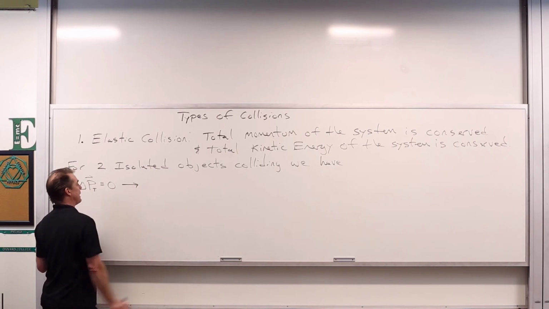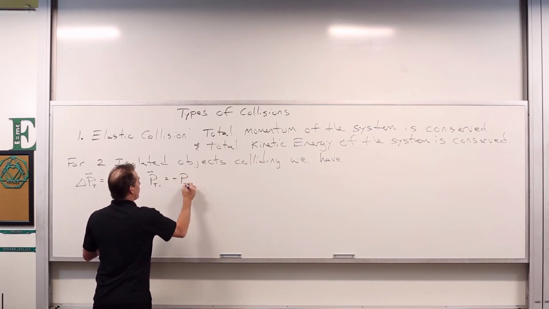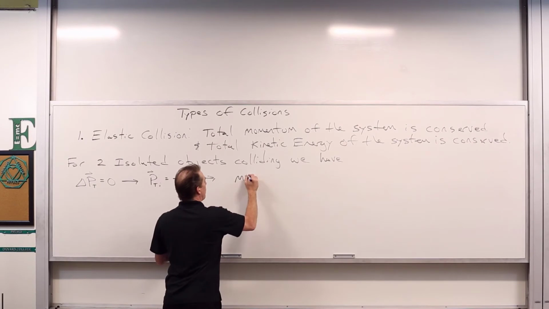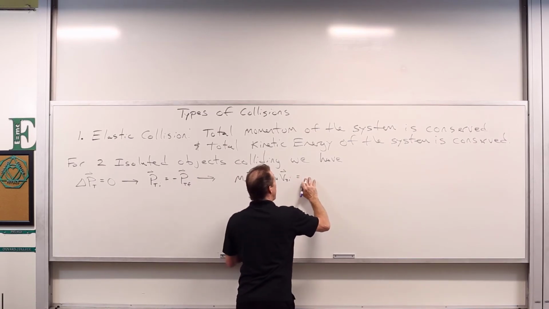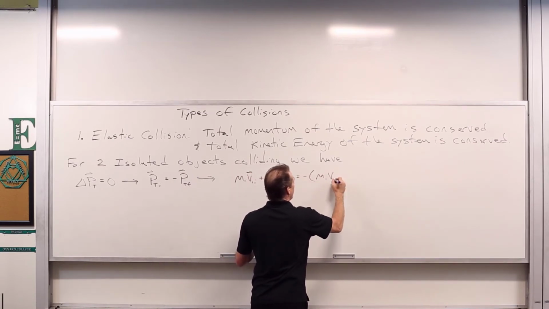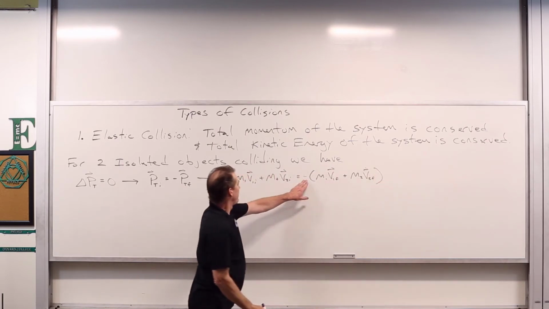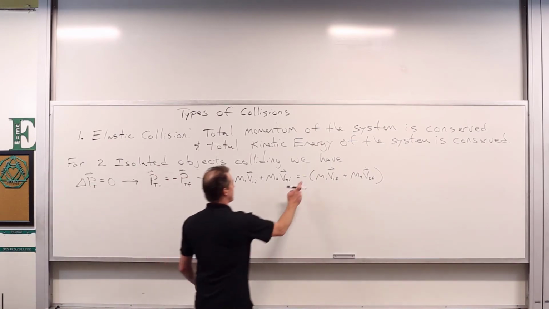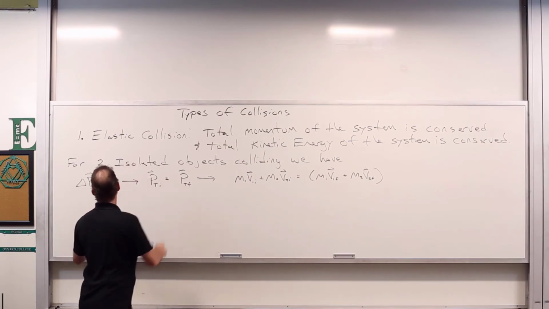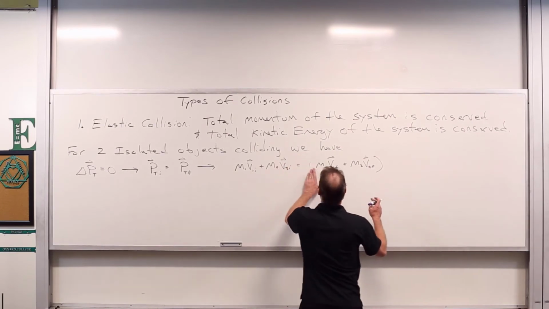So this ultimately breaks out to P total initial hat is equal to P total final hat, which goes to M1 V1 initial hat plus M2 V2 initial hat is equal to M1 V1 final hat plus M2 V2 final hat.